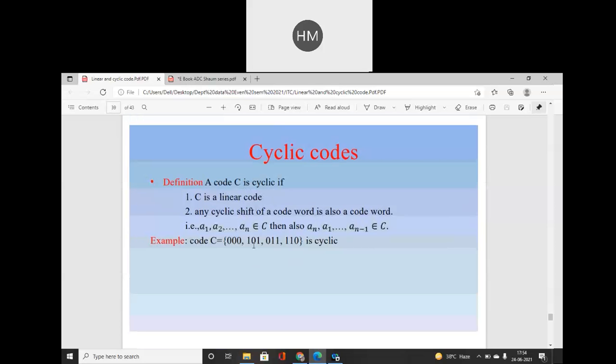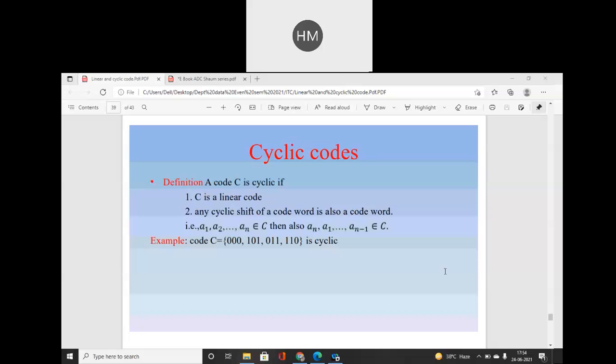Now students, take this 101 code. In the chat box, I will write, just see the chat box. 101 is my code word. I am having the list of code words. Then I will do a right shift of this 101. So what will you get after right shifting this code? What will you get, students?